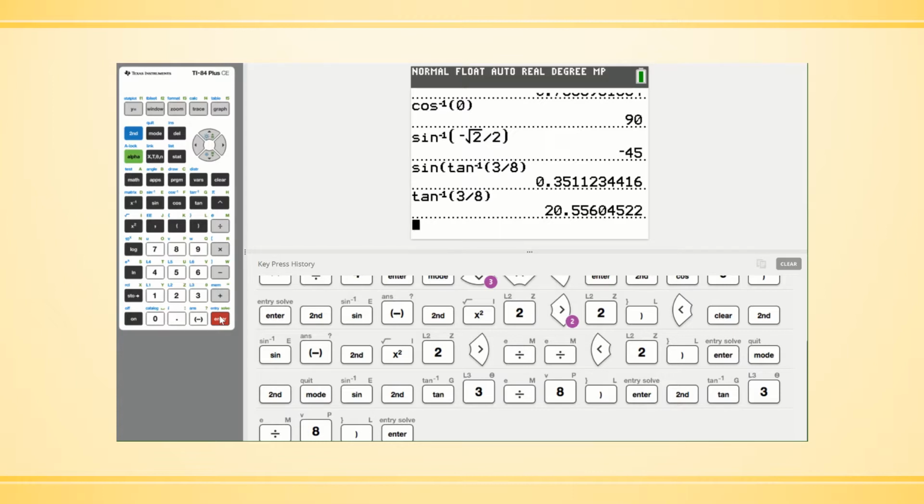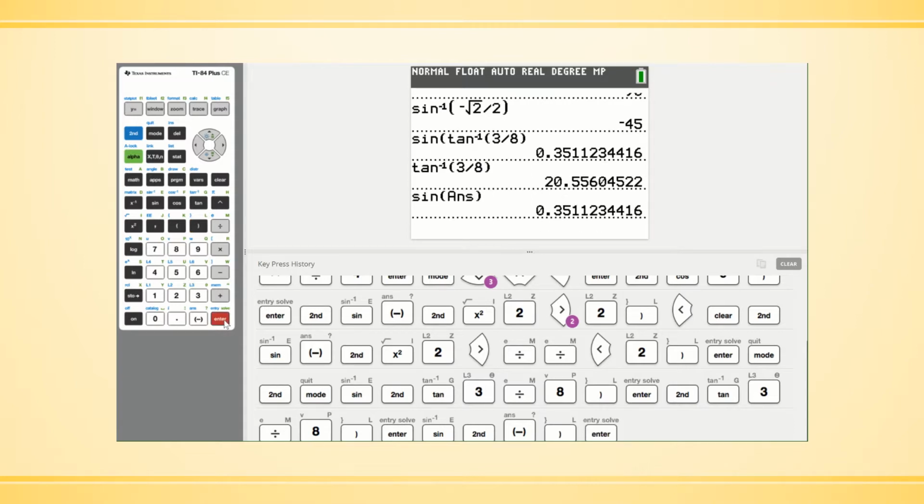Okay. So it's the sine, let's say, of 21 degrees, and let's see if that checks out. So I'm going to hit sine, and then I'm going to hit second answer. So I'm going to pull in that 20.55 answer and hit enter. And Shazam, it's the same thing.